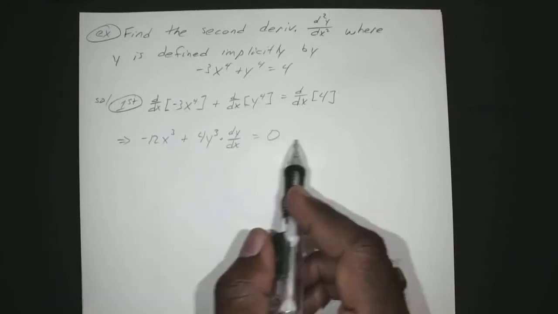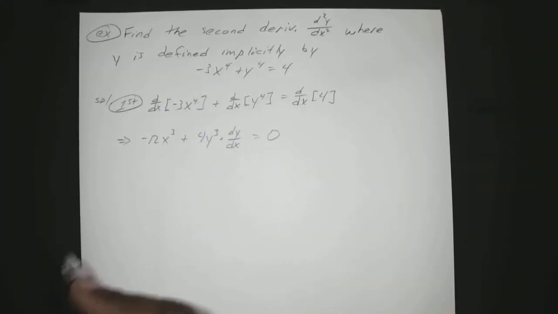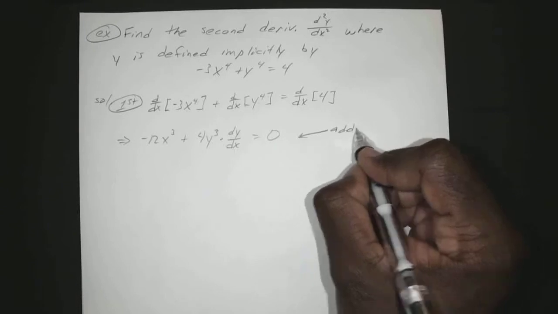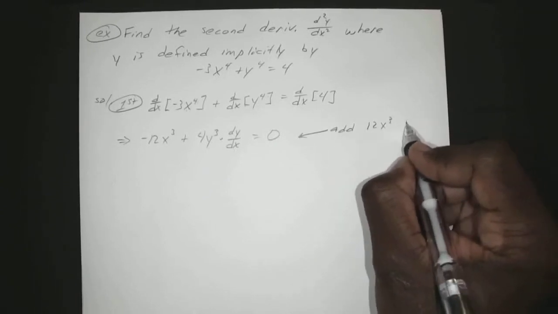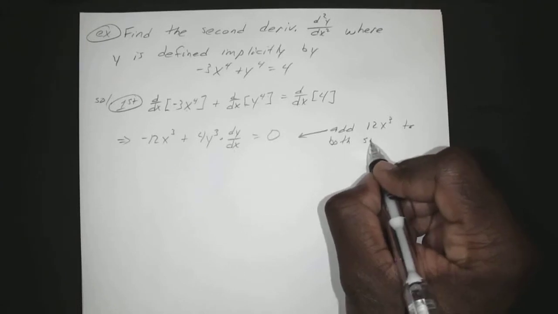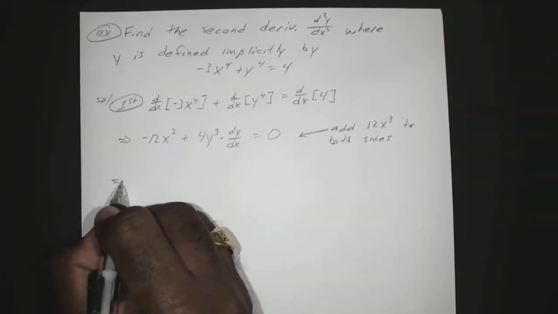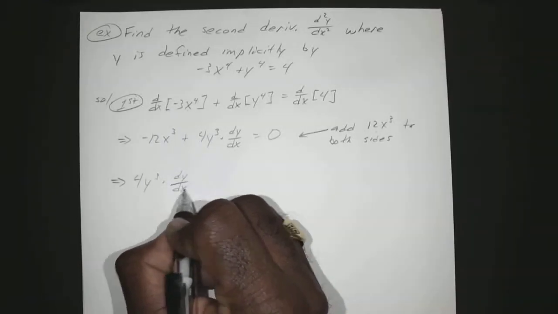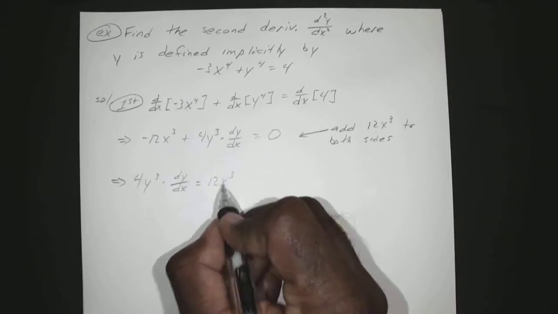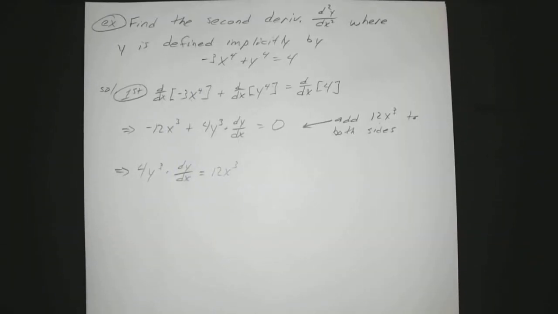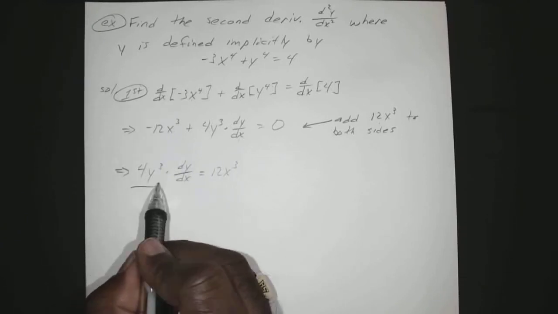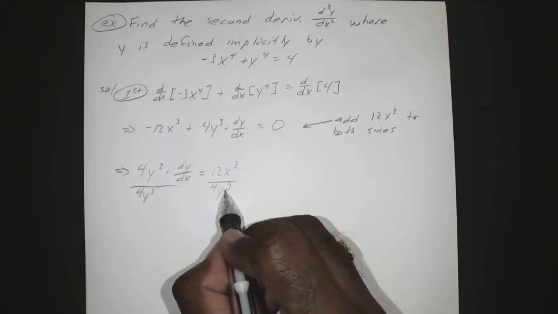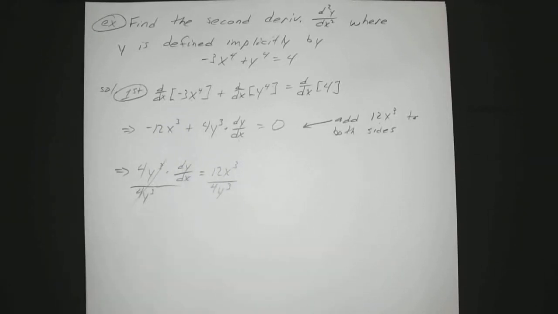Okay, so if we just get our dy/dx to one side, which that's the only one, we just add 12x to the third to both sides. And that gives us 4y to the third times dy/dx equals 12x to the third. So if we divide both sides by 4y to the third, okay, these two become 1, that cancels out.